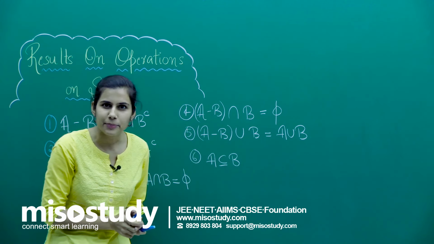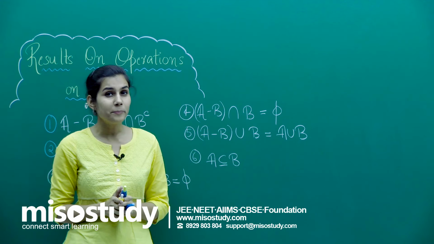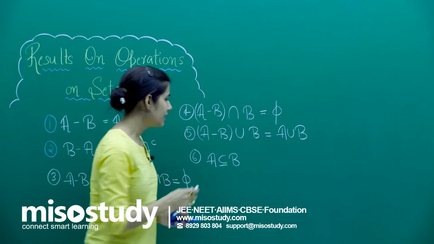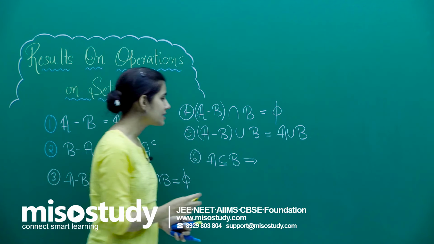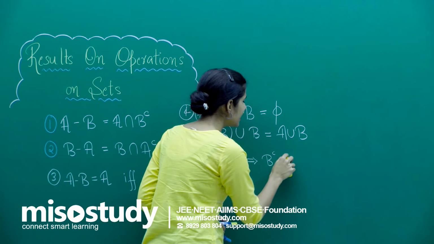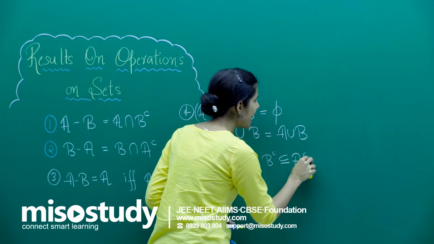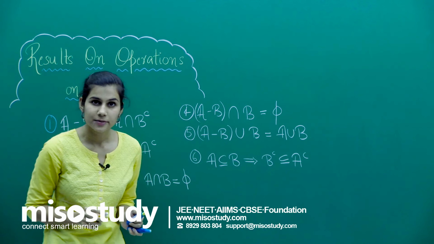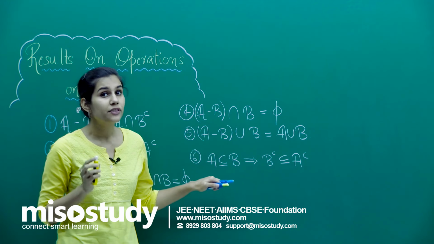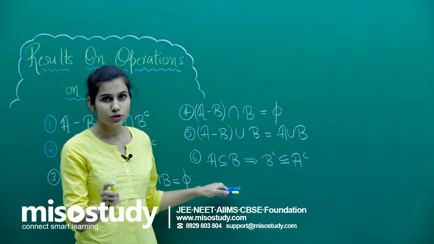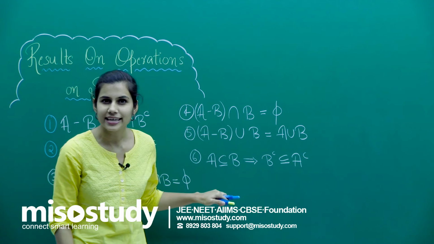Generally, this cannot happen. But once you take complements, this is true. This implies that on taking complements, B complement is going to be a subset of A complement. This was the sixth result, which again we had established by visualizing what is going on with the help of Venn diagrams.